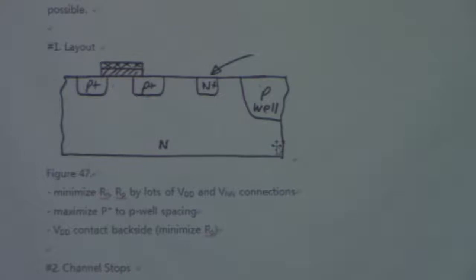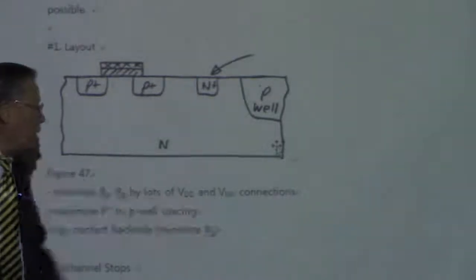So we have to do something about it. This is not the kind of thing that you can be careful about. You have to make a protection so it does not happen in the CMOS circuit. One thing is the layout. We are going to change the layout, minimizing the resistance by lots of VDD and VSS connections.